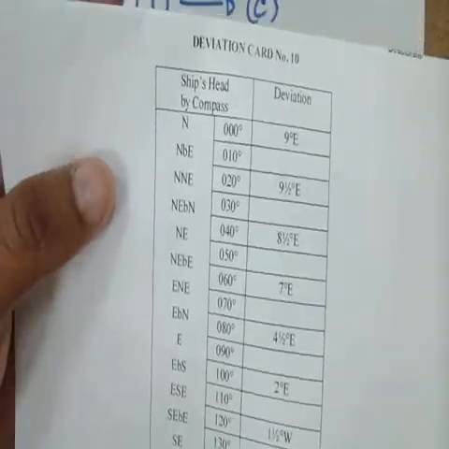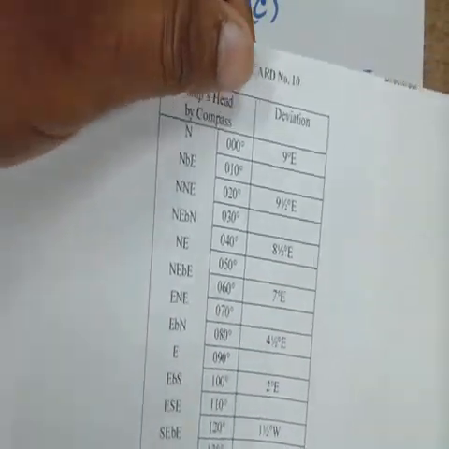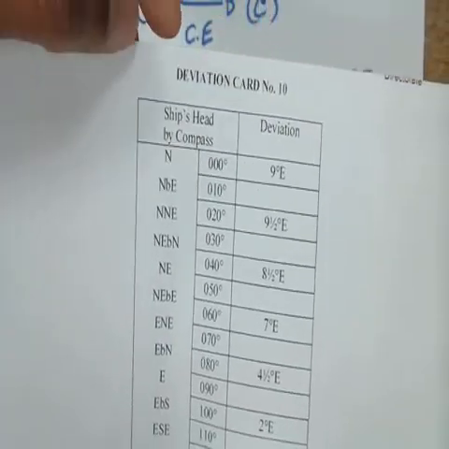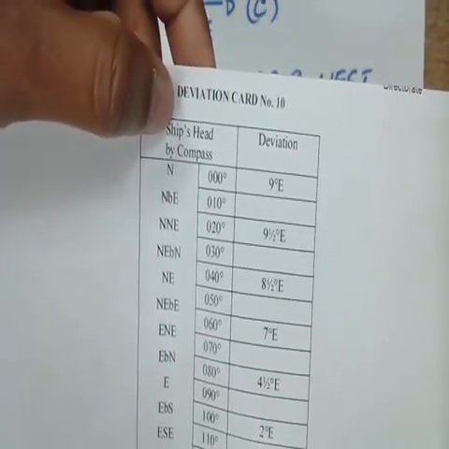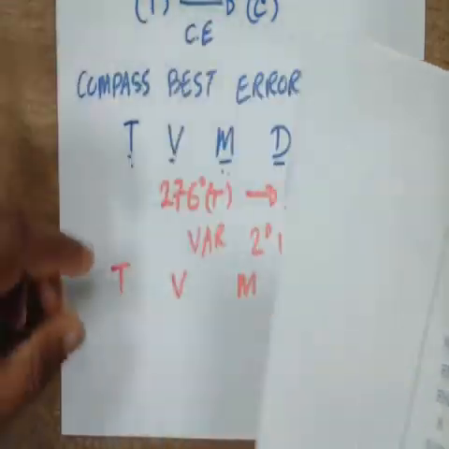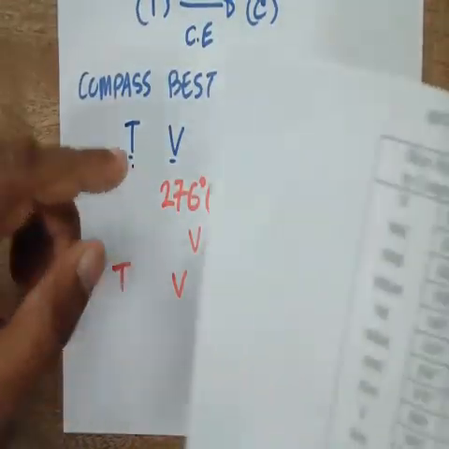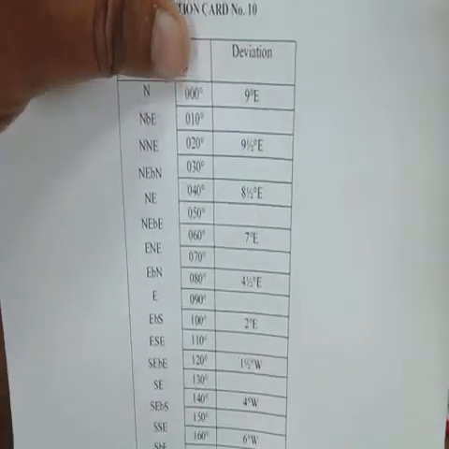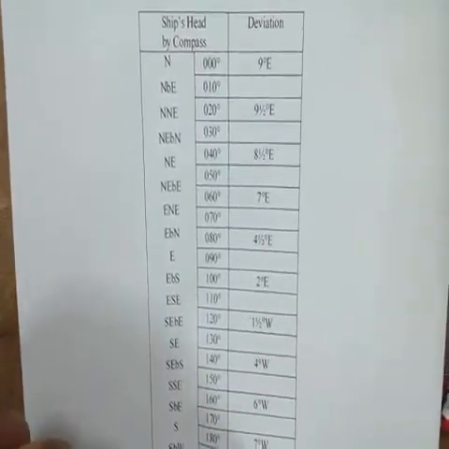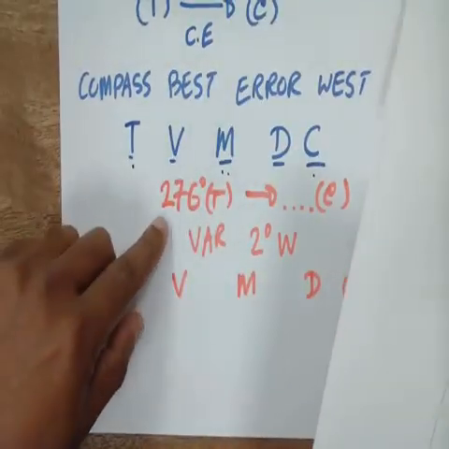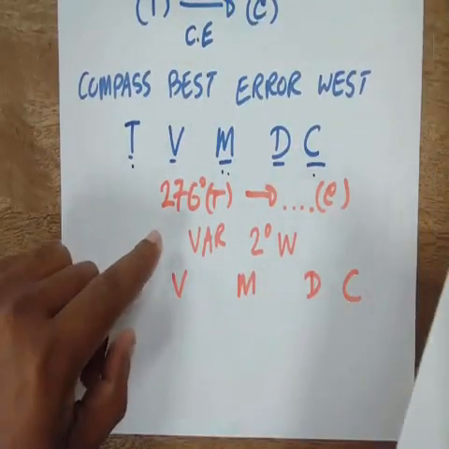In this deviation card, the deviation is given to the ship's compass heading. But what we have is the true heading. So we need a method to find out the deviation in this case, corresponding to 276 degrees true.